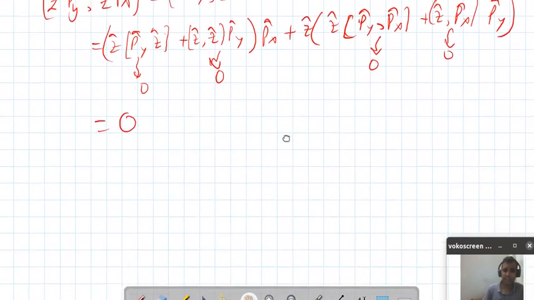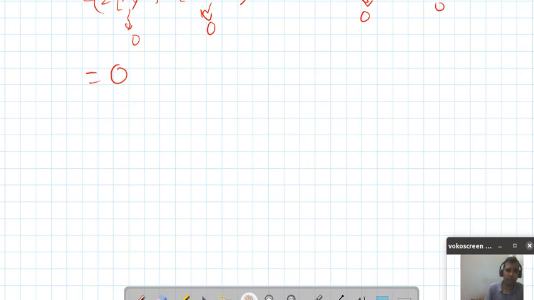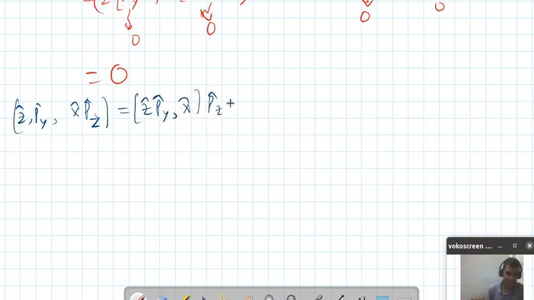And the last term which I had to talk about is basically z py comma x pz. Its commutator can be expressed as z py comma x pz plus x z py comma pz. Now I will expand these terms again.